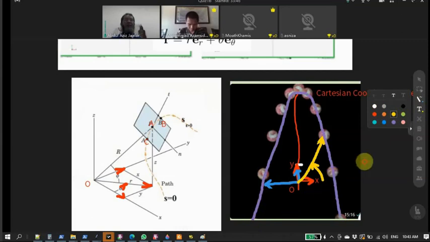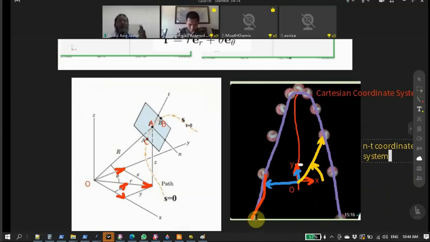And then if we have a normal and tangent, we have another coordinate system called NT coordinate system, normal tangent coordinate system. For the NT coordinate system, actually it's the same as the S coordinate system, right? For position vectors, it will be represented by the curvature only.